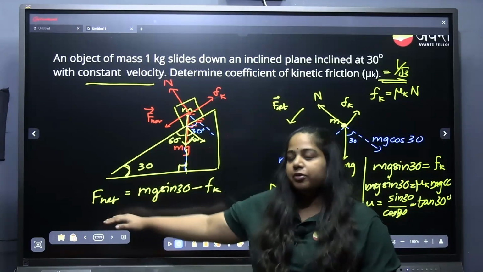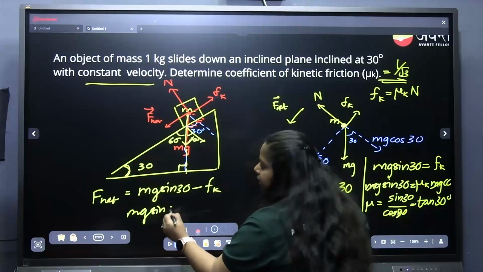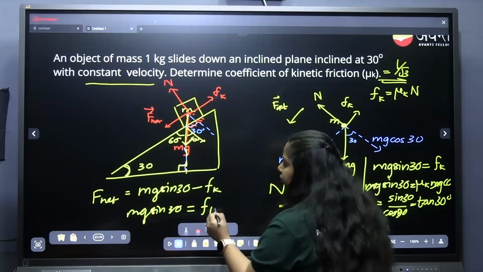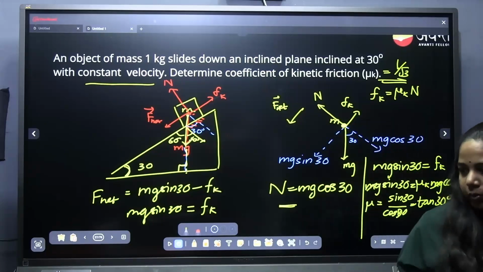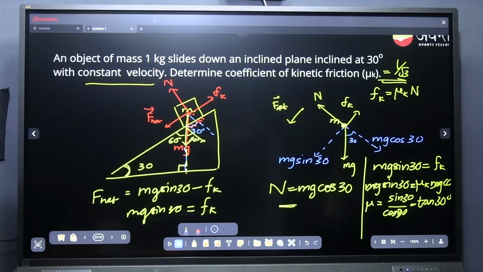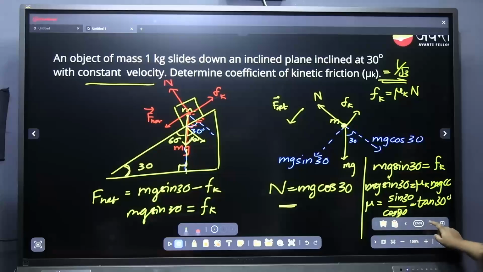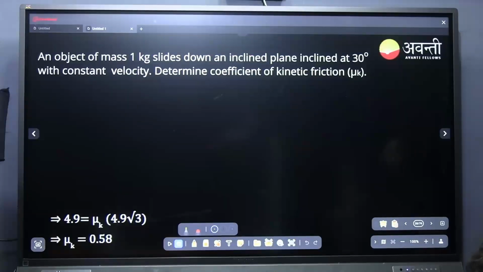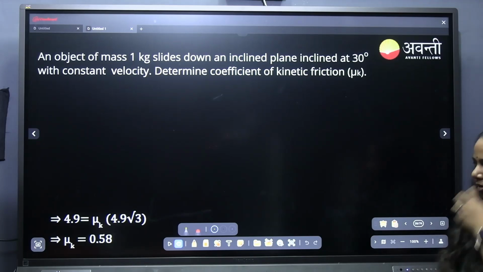Since net force is 0, we can write mg sin 30 equal to frictional force. We are getting that formula from there. Is it clear now? Okay. Then we will see the next question. Answer is 1 by root 3. They have calculated the final form.